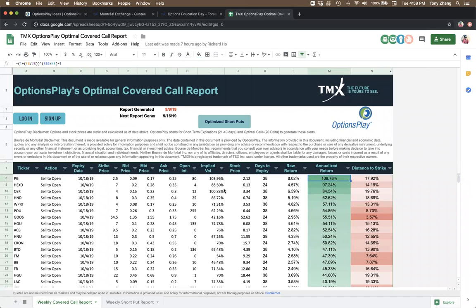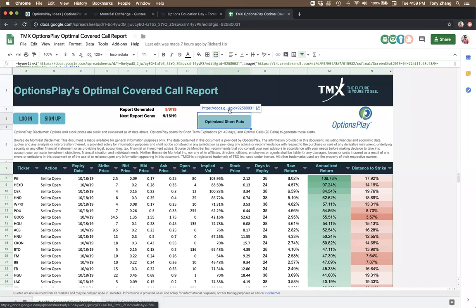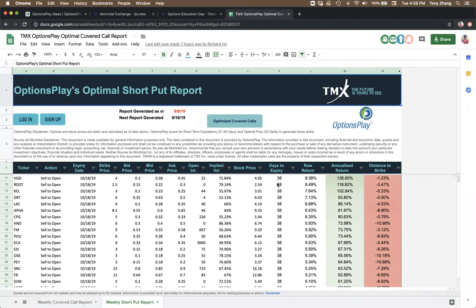This gives you a sense for how much yield you can find on all TSS stocks. You can use this to scan for opportunities to buy stocks, and we even have a short put report for those of you that like to sell puts, to show you where you have the highest yield when you're selling puts. Notice some of these have very high annualized returns.